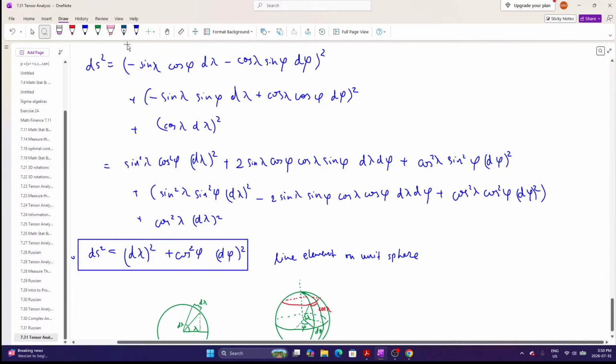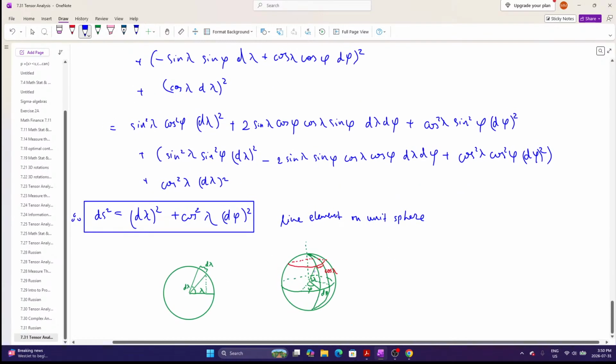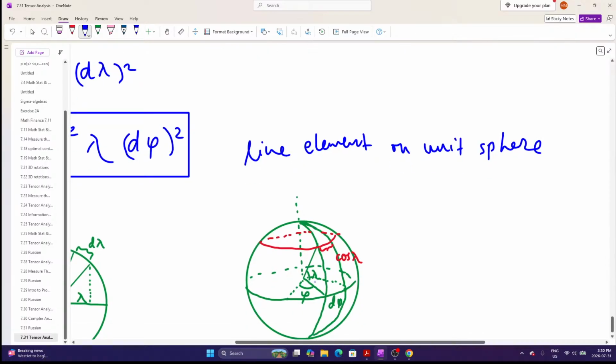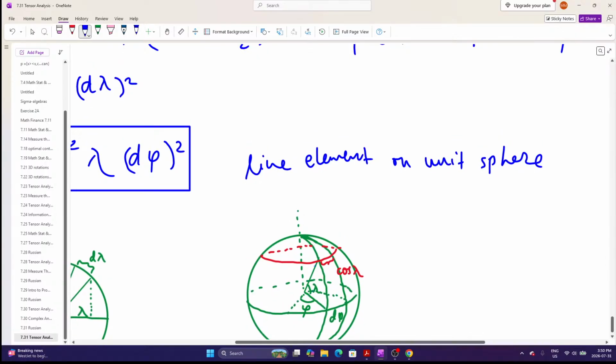The idea is that if you're in a high latitude region, when you increase phi, when you increase the longitude, the radius of the red circle decreases. On the North Pole, that's exactly 0.